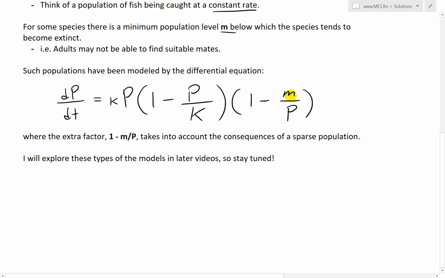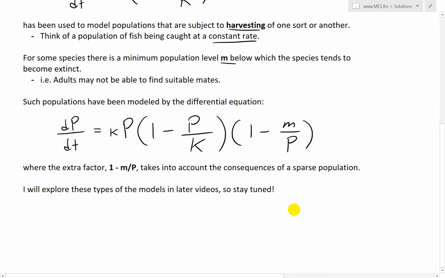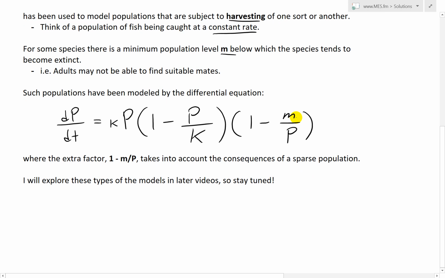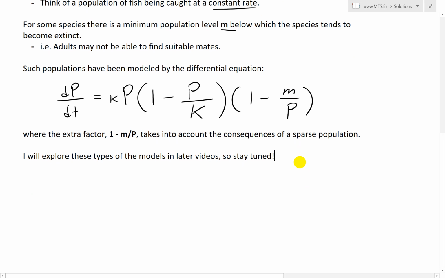And as you can see here, if m is really large, meaning that even a large population will go extinct, then basically this goes to 0 faster. So 1 minus this number would be closer to the population. And then what that means is this is closer to 1 minus 1, or this goes to 1, overall goes to 0. So basically the lower the better, in terms of not going extinct at a reasonable population.